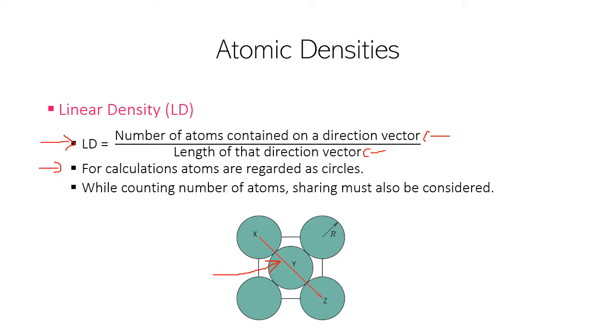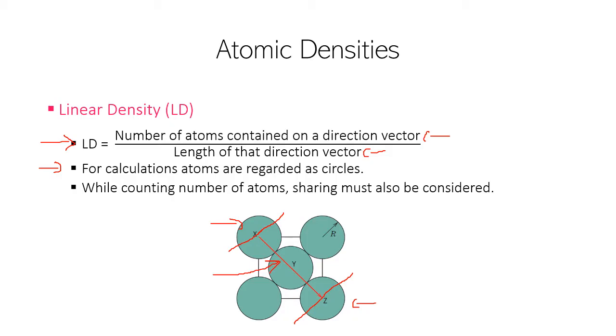But as we already know, the corner atoms are shared with the adjacent unit cells. So as we are considering them as circles, only half of atom x and half of atom z lie inside this unit cell under consideration.